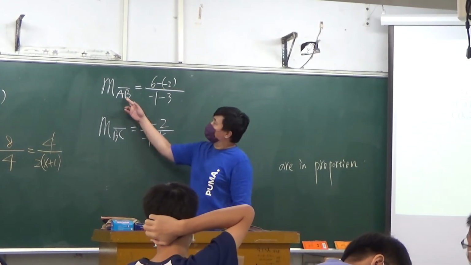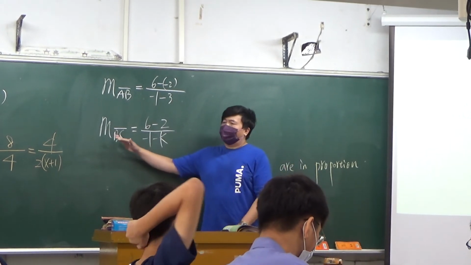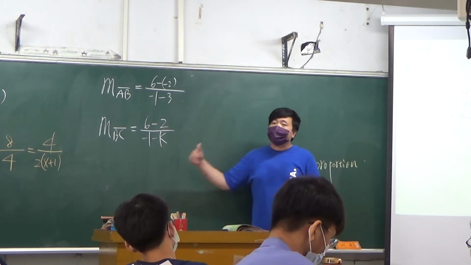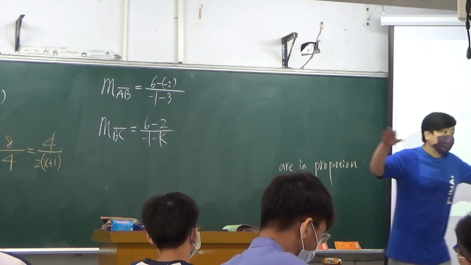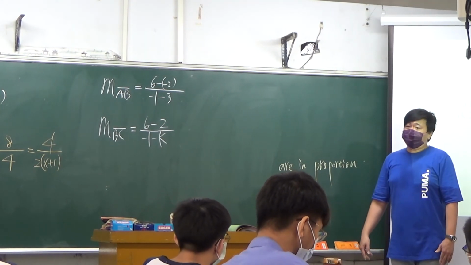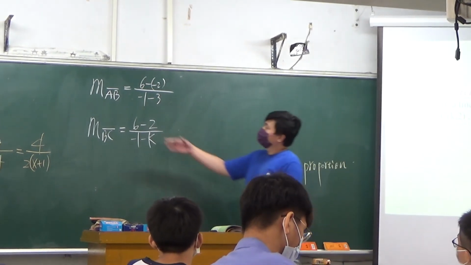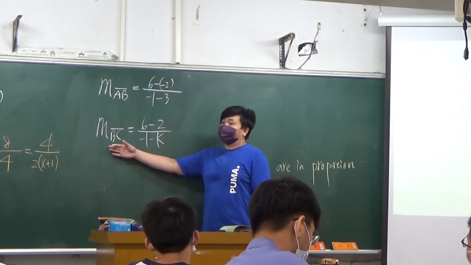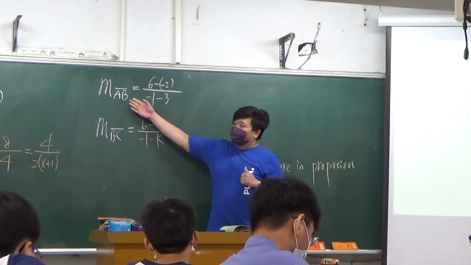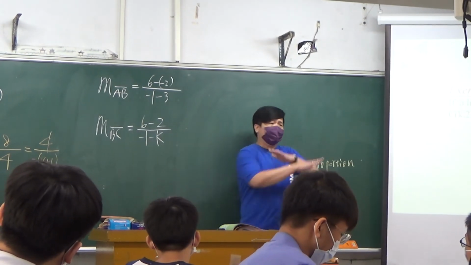If we use A and B, we get this slope. If we use B and C, we get this slope. But A, B, C are on the same line, so according to the result we got, these two slopes are the same.